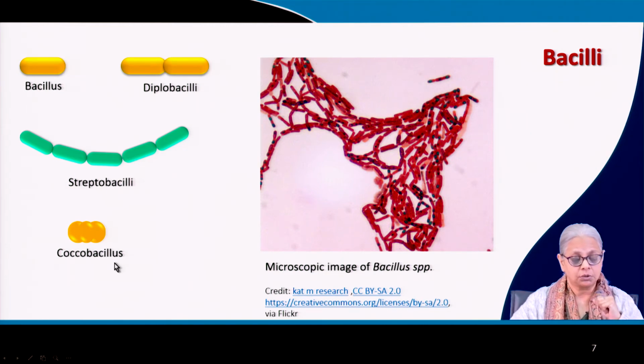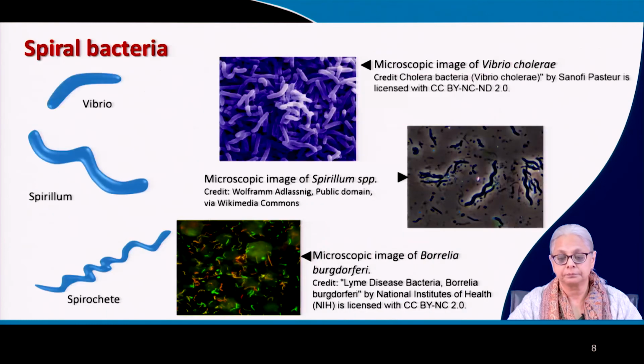And coccobacilli are slightly different. They are not so elongated. They are more like a spherical shape but slightly oblong, almost like an egg shape. So these are coccobacillus organisms.